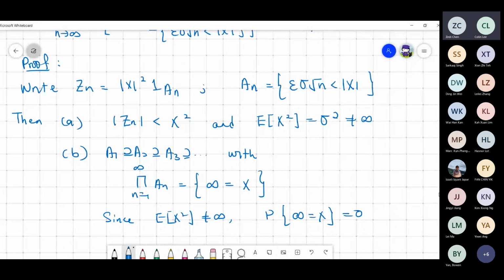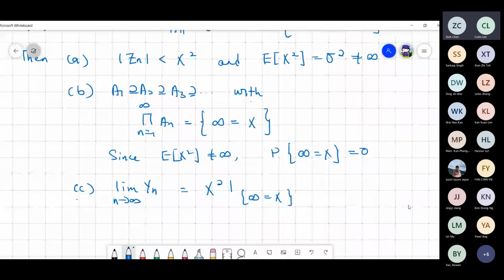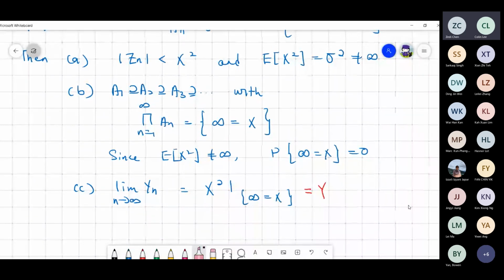Since this is decreasing, we can see the limit of Yn will be equal to X squared, the limit being the intersection of these things. Now we come to here. We just simply say this is Y. Oh, sorry, not Y, I have changed to Z already.